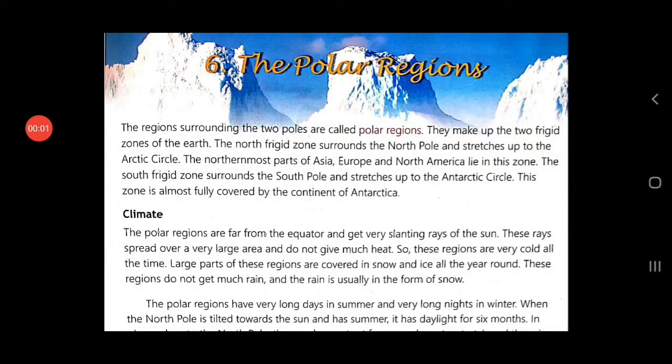So these regions are very cold all the time. Because the polar regions receive very little heat due to the slanting rays of the sun, these two zones are very cold throughout the year.